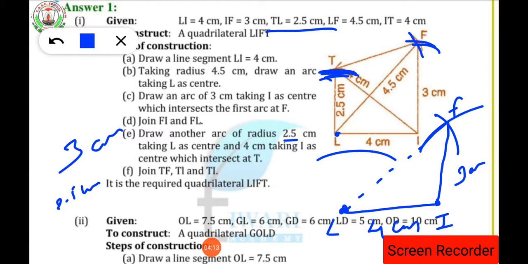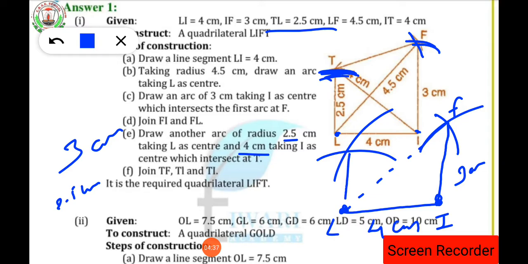Then next, taking the measurement 4 centimeter on the mouth of your rounder with the help of your scale, keeping the needle at point I, draw an arc so that it intersects the first arc.